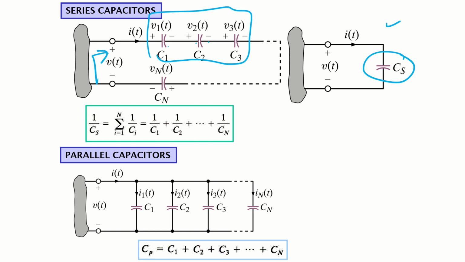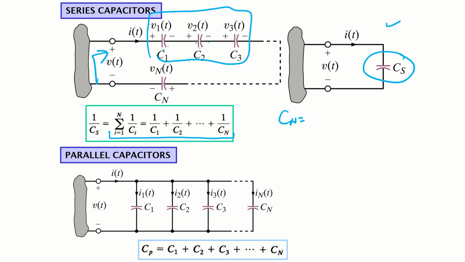So if we are talking about capacitors in series, let's say I have two capacitors in series and I want to calculate the net capacitance, we will do the opposite of the resistors. In the resistor case, if the resistors are in series, we add them, R1 plus R2, and if they were parallel, we use the parallel operation.